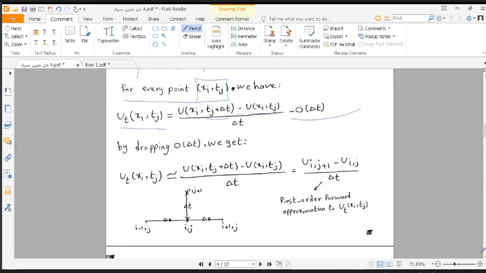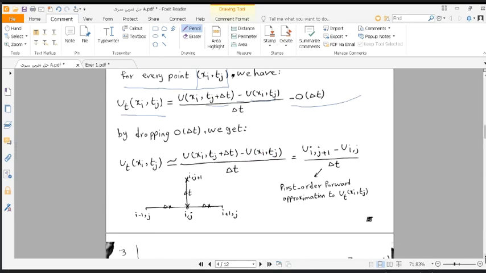In the previous session, we said that if this point has indexes i and j, the next point in the same row has i plus 1 and j.